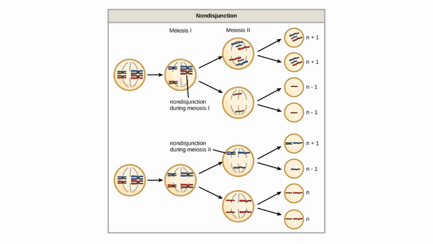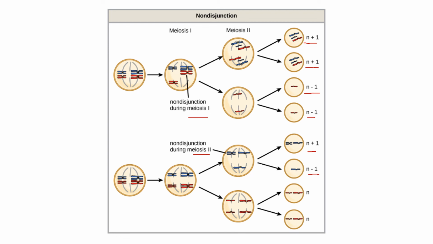Here is non-disjunction, a couple of examples. It can happen during meiosis 1, but the end result is you get too many chromosomes in a couple of the daughter cells and too few in a couple of the daughter cells. You can also have non-disjunction during the second phase of meiosis. Again, you can get daughter cells with too many or too few.